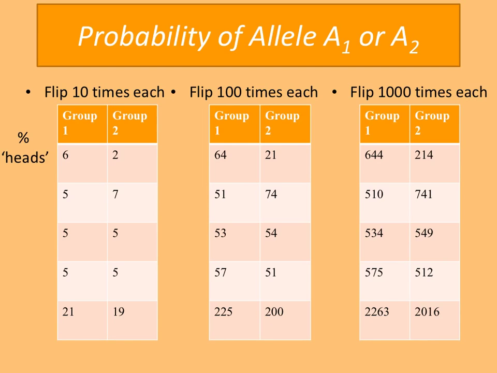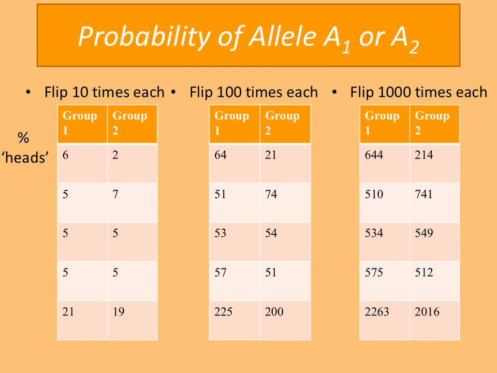Now, the thing is, if you flip, in other words, get which chromosome you get from each parent, let's say 100 times, that means a bigger population size, there's only a 1% difference between groups. So, in the case of group 1, let's say you flip 53 heads and 47 tails.